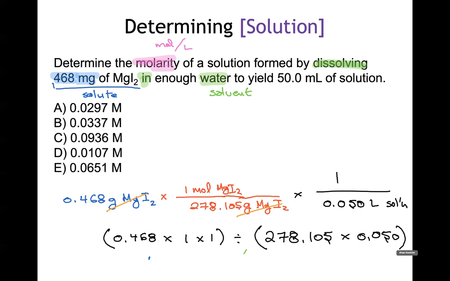If you do it correctly, I believe it's 0.0337. Let's double check and actually calculate it. Yeah, you'd get 0.0337.